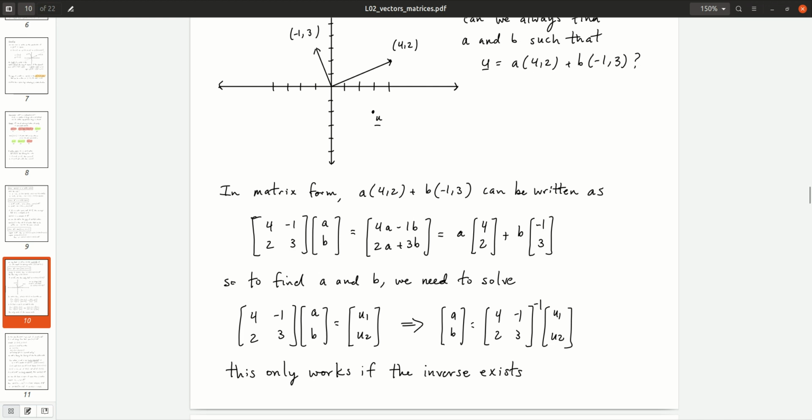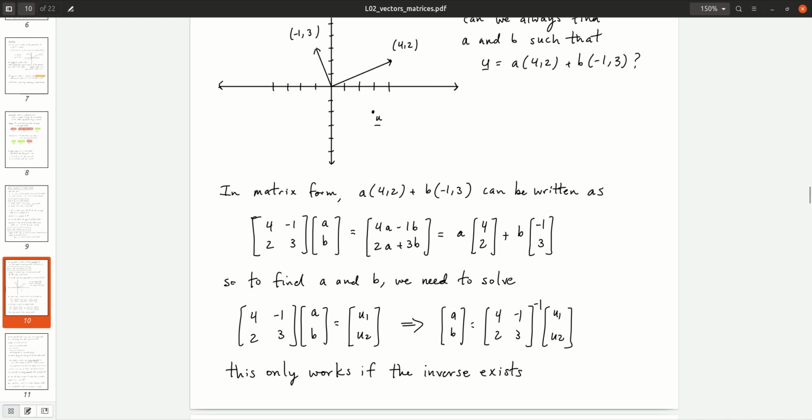So you get A, B, because the identity times A, B is just A, B. And on the right, you'll get the inverse times u1, u2. So that will allow us to solve for what A and B are and check to see if there is such an A and B such that we can write u as in this equation. So this is what you get if you multiply left and right by the inverse.